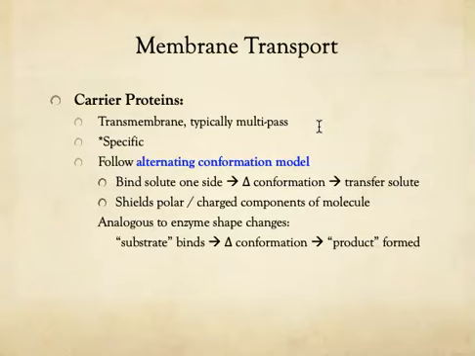Instead, they're going to be shaped in a way that allows the solute particle to bind and then cause the protein to change shape. And it's the shape change that will help move the solute particle across the membrane.